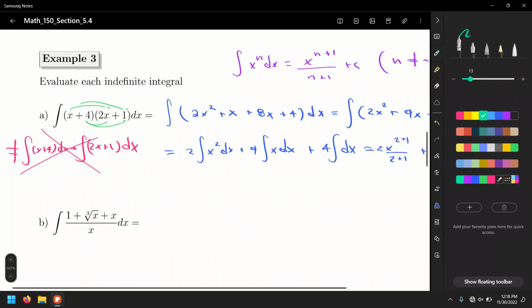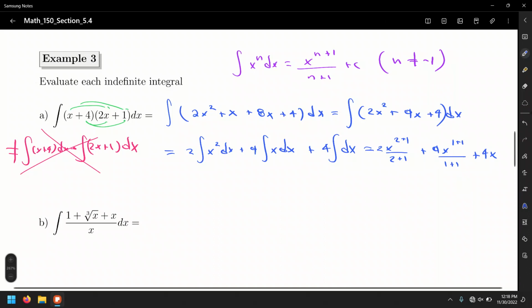All right, and let's add the plus c. Don't forget the plus c, because we're dealing with an indefinite integral. And that's going to be 2x cubed over 3 plus 9x squared over 2 plus 4x plus c. Okay, final answer.